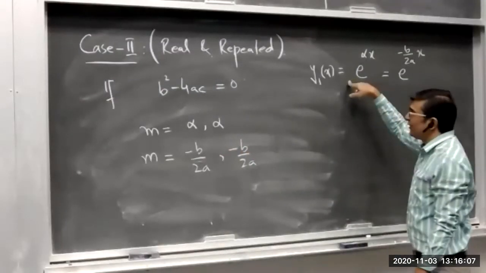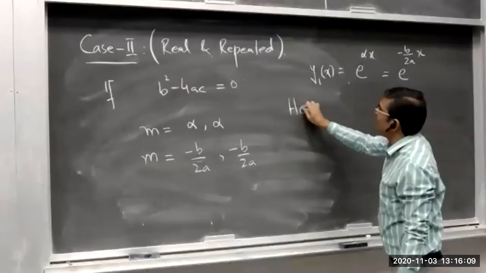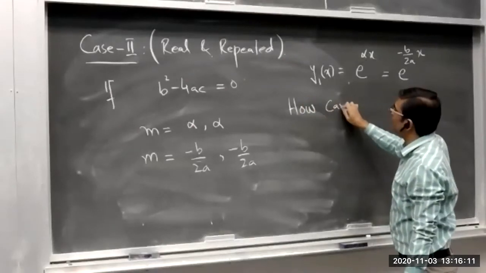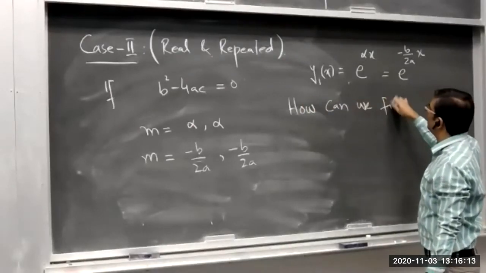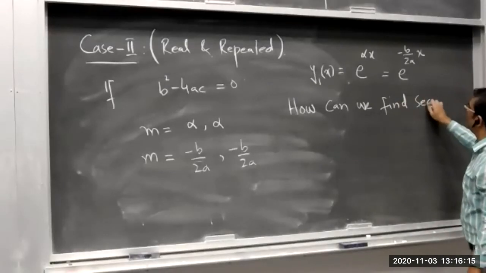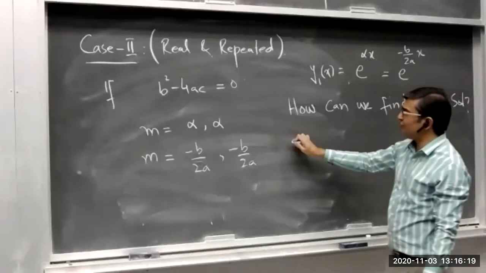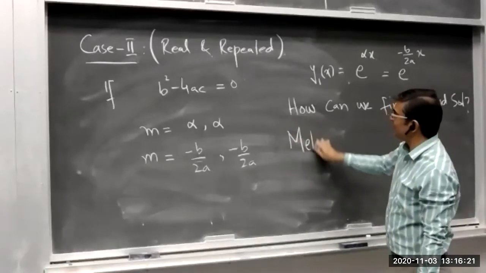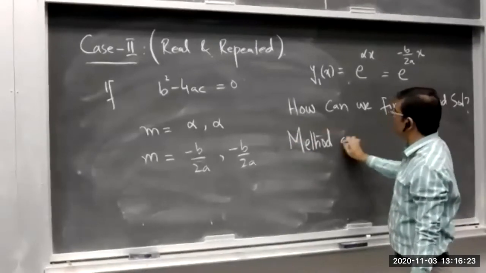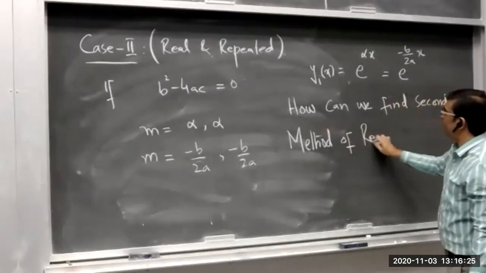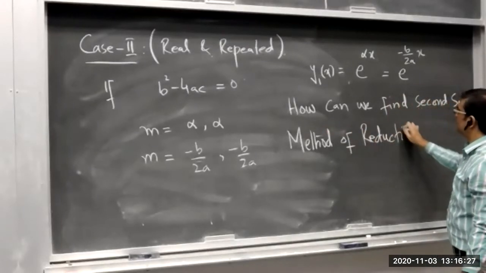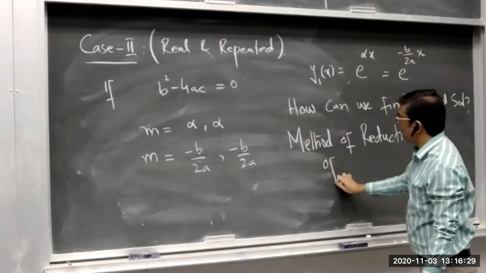If you have one solution, how can we find the second solution? The answer is the method of reduction of order.